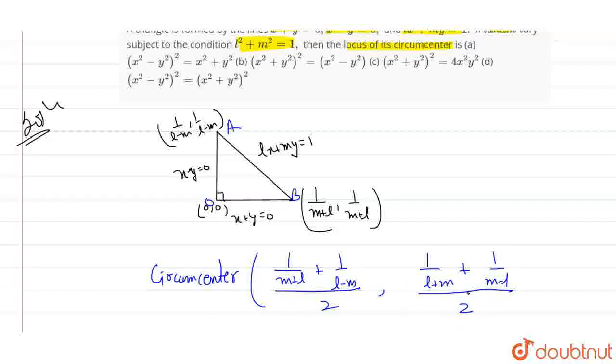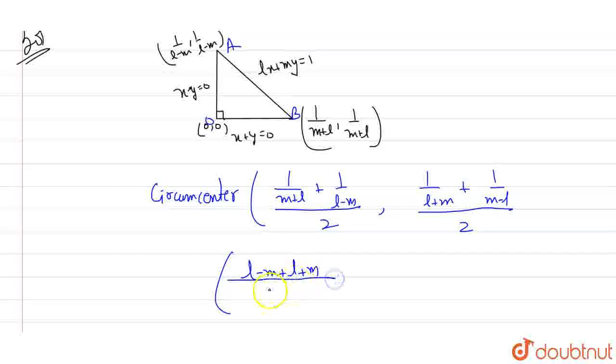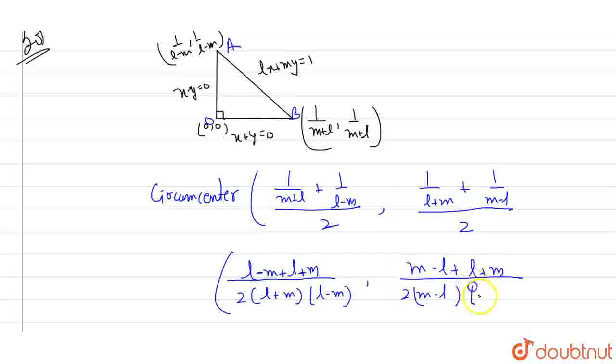If I solve this further, this will become l minus m plus l plus m, and this part will become twice of l plus m times l minus m. And this side will become m minus l plus l plus m. Taking LCM and solving the upper and lower parts, we will get 2 m over the product of m minus l and m plus l.